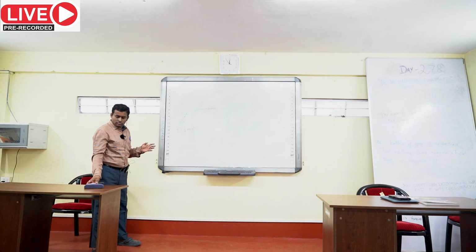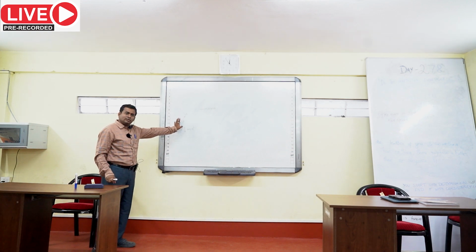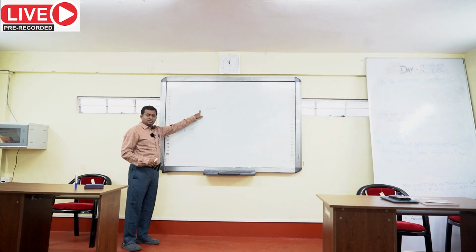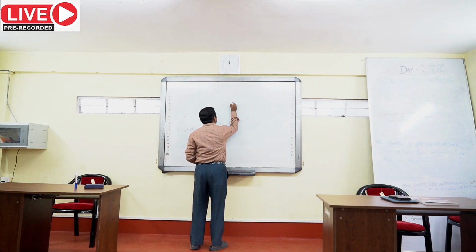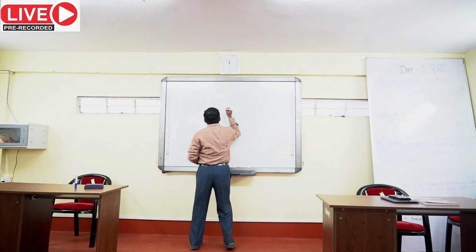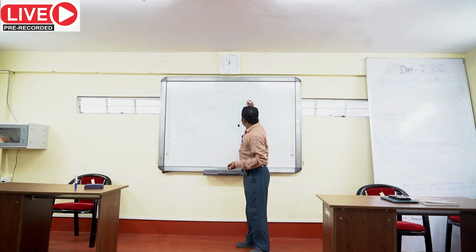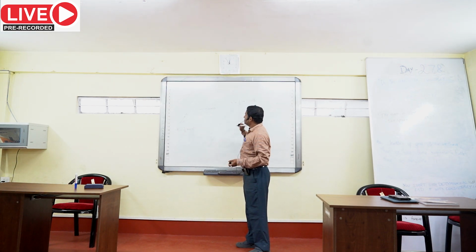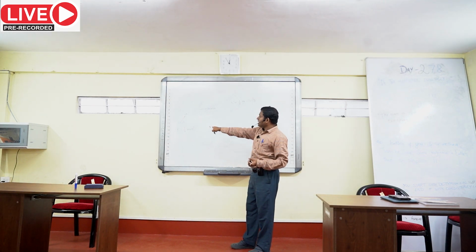Clear? Now at this point there will be some kinetic energy, say K prime. It will become half m into the velocity at this point squared, so half m u cos theta whole square. It will become half m u square cos square theta. What is half m u square?